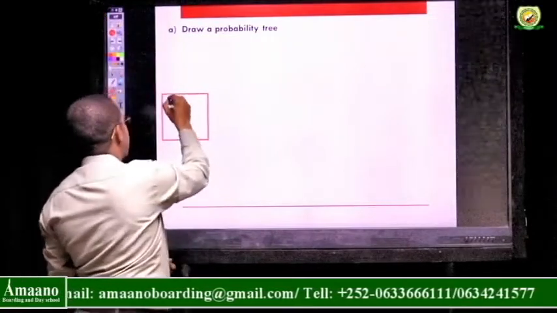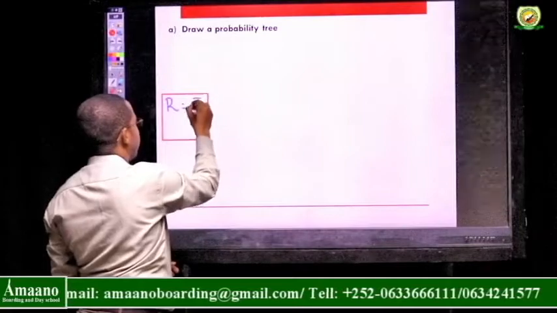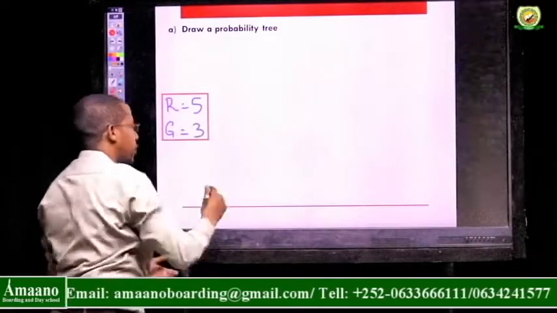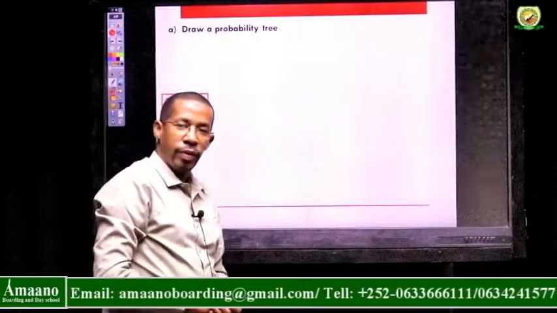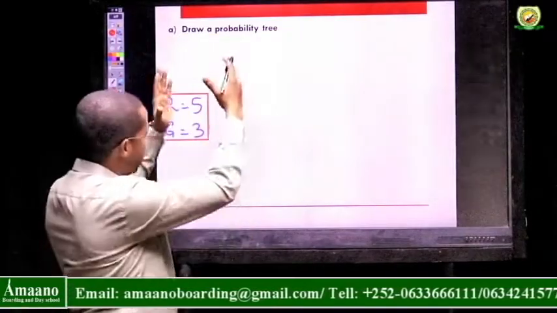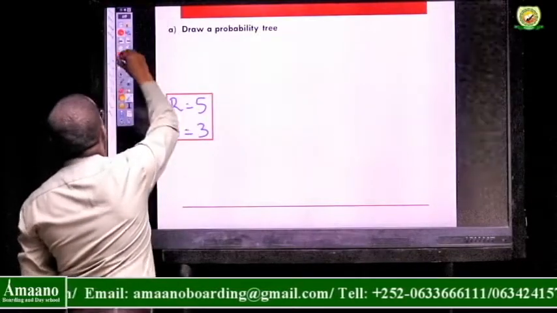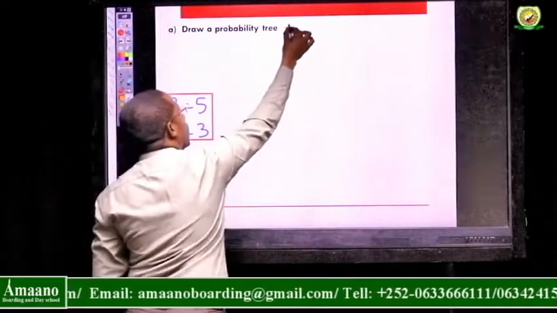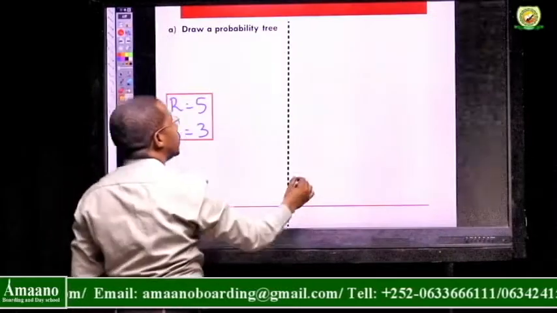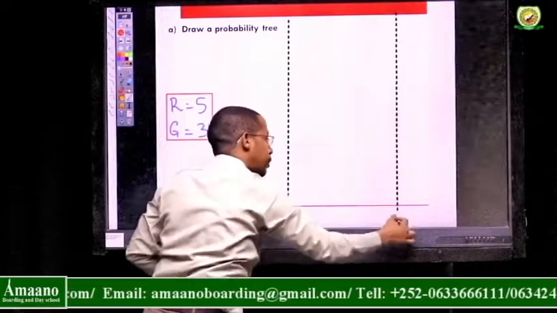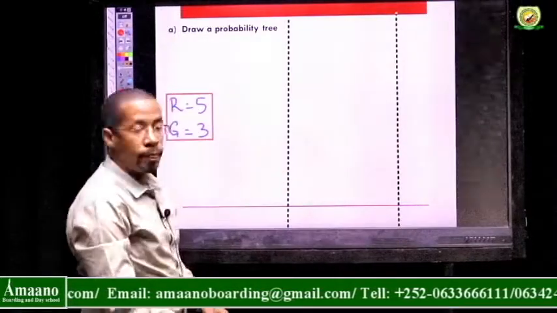So we are told he has reds, there are 5, and the greens are 3, a total of 8. Now I'll put 2 sections for the first draw and for the second draw. This section is for the first draw. This one is for the second draw.